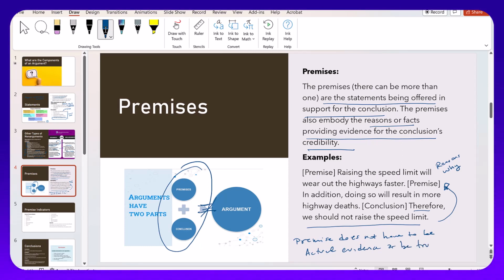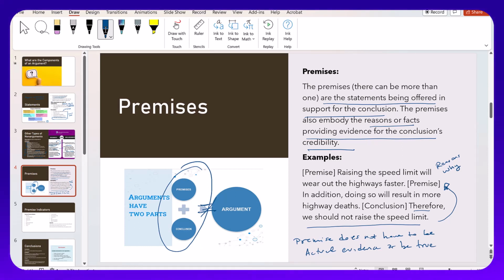You can eventually decide that an argument is not logical because the premise is invalid or is not true, but it technically can still be considered an argument even if the premise is faulty, right? So that's a key aspect of it.